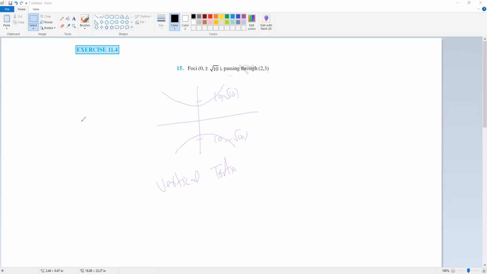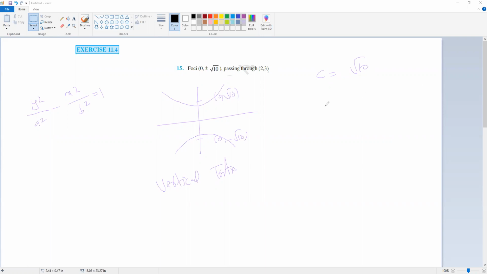So for a vertical transverse axis, the equation will be y square by a square minus x square by b square is equal to 1. So इधर आपको मिला है c is equal to root 10. That is the only thing you know.